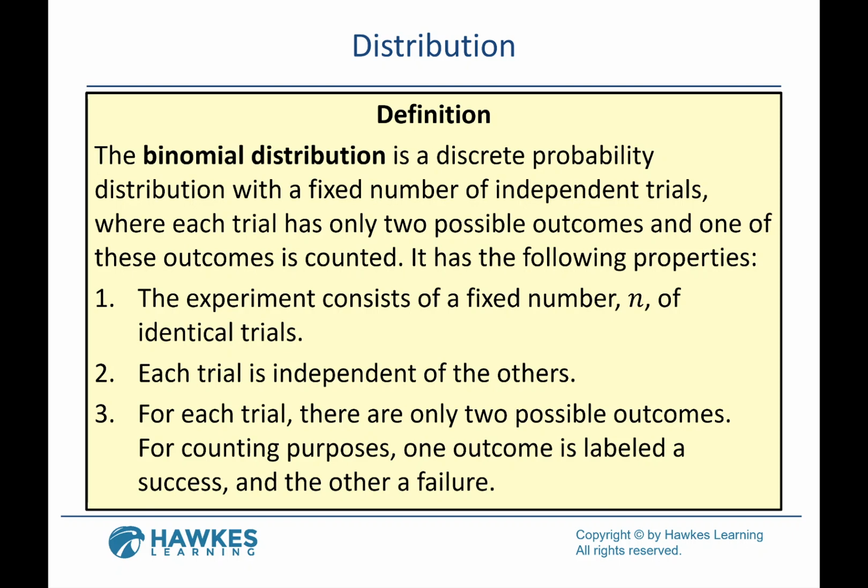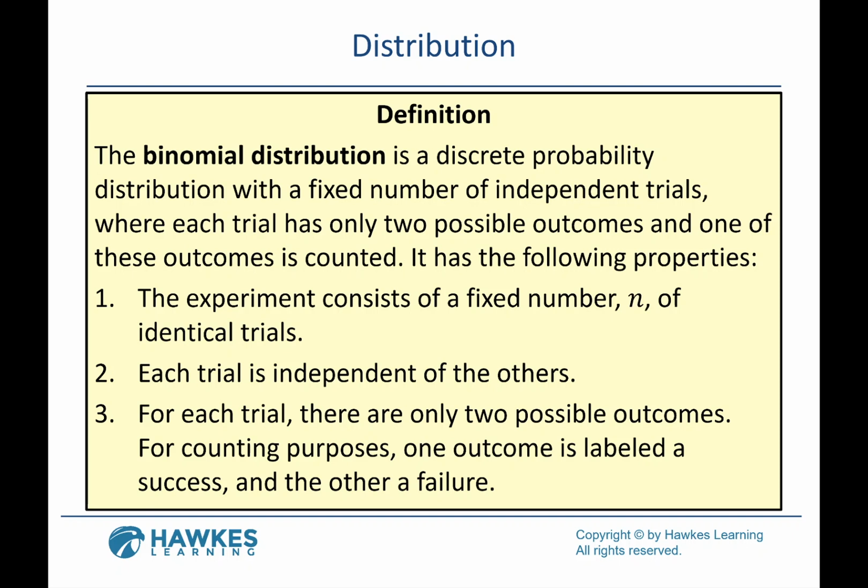What does bi mean when we're using it as a prefix normally? Two, like a bicycle. It has two wheels. So this is the main thing: if we're doing a probability experiment that only has two possible outcomes, then there's a good chance that it's binomial.